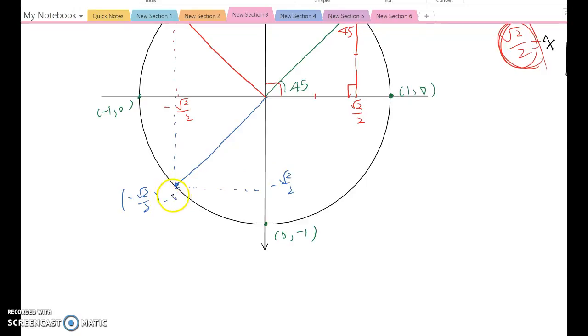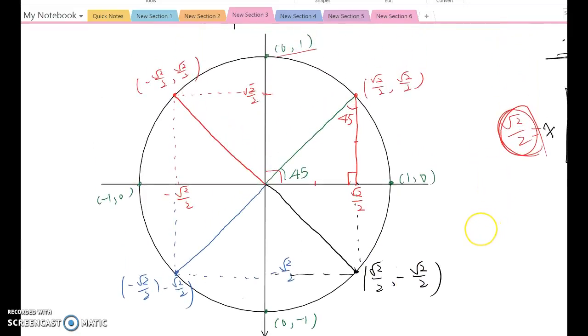So now the last one, 315, there also root 2 over 2 and then negative root 2 over 2. So like this. Now we can say sine 45 is root 2 over 2, cosine 45 is also root 2 over 2.